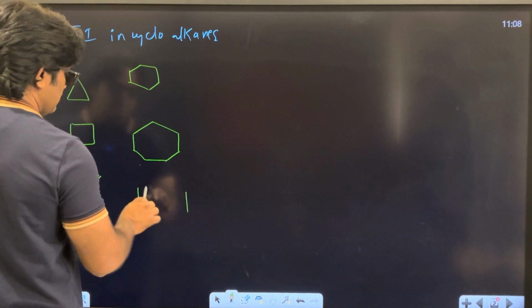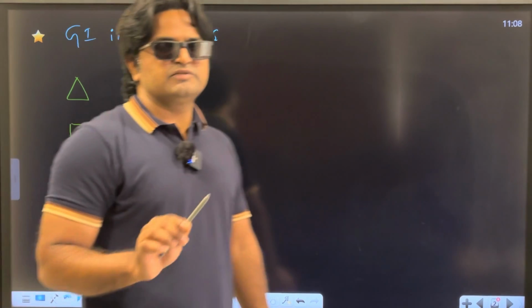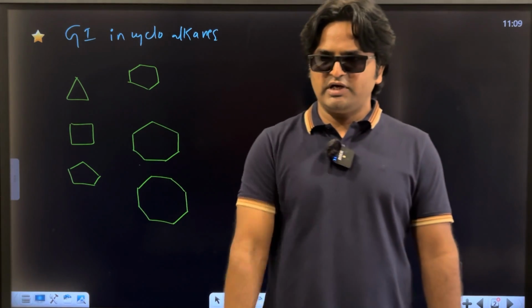And what is the structure of cyclooctane? An 8 membered ring system, okay? These are the simple examples for cycloalkanes. Up to 8 membered ring system is enough, right?